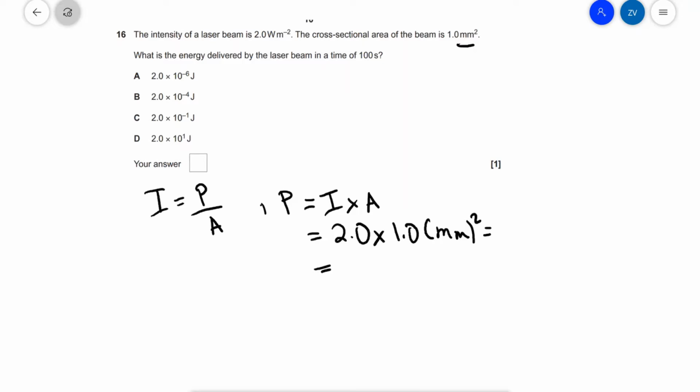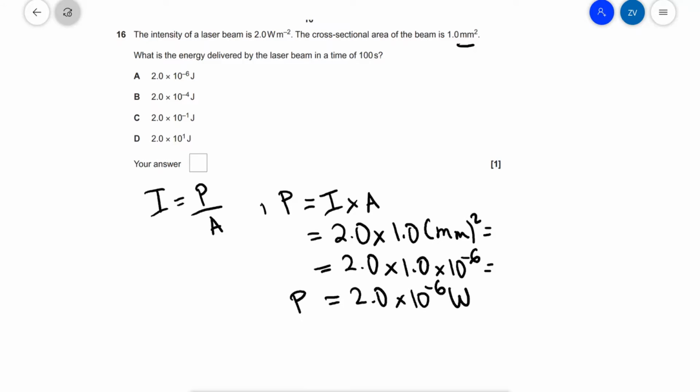Remember, the squared acts on the prefix as well, so this is actually equal to 2.0 times 1.0 millimeters, so that's going to be times 10 to the power of minus 3 squared, so it's going to be 10 to the power of minus 6, and overall this is equal to 2.0 times 10 to the power of minus 6 watts. This is our power.